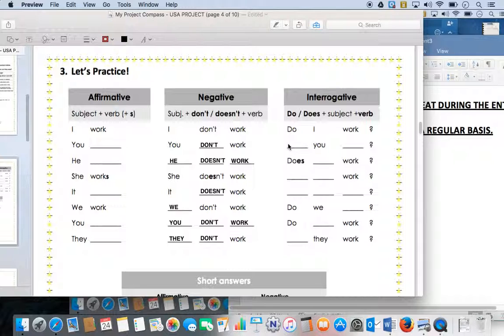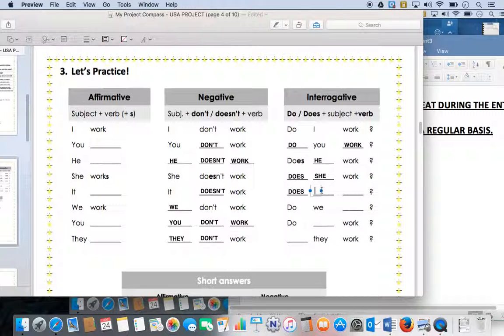Okay, so the interrogative. So the interrogative we have here is, do you work? Okay, so this is a question. Remember, this is asking questions. Does he work? Does she work?